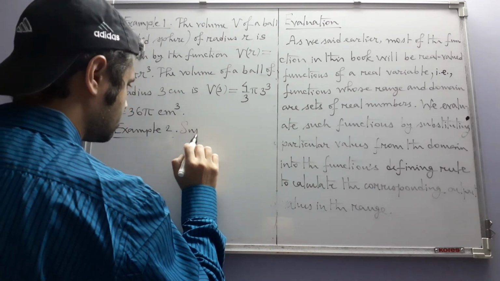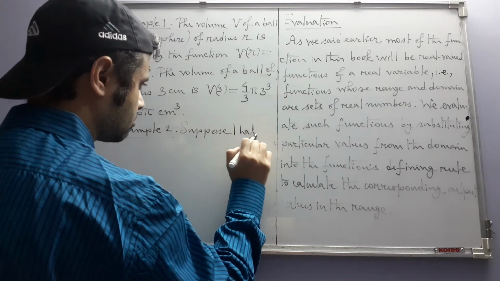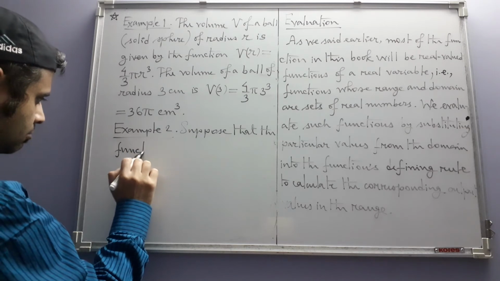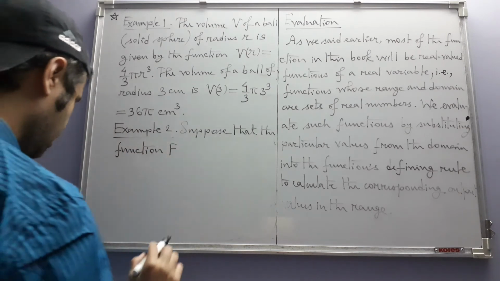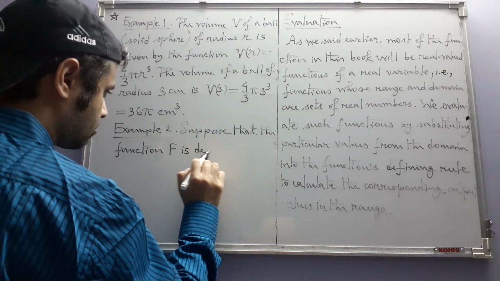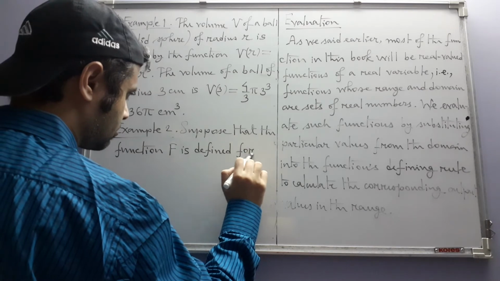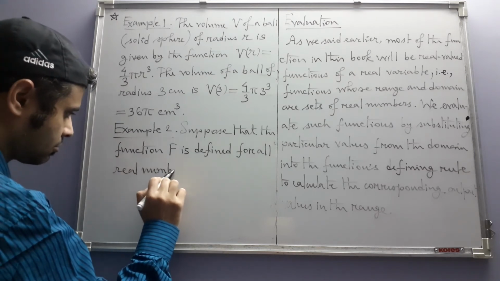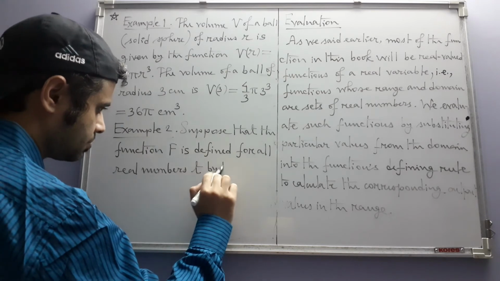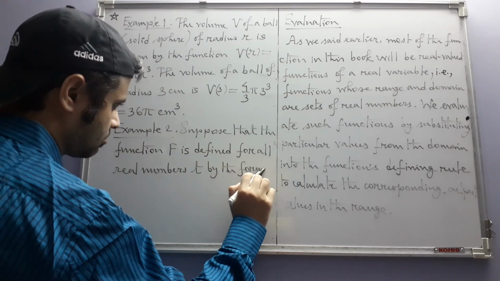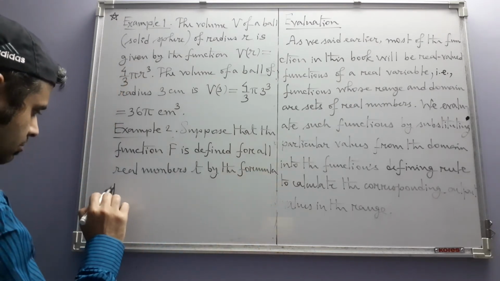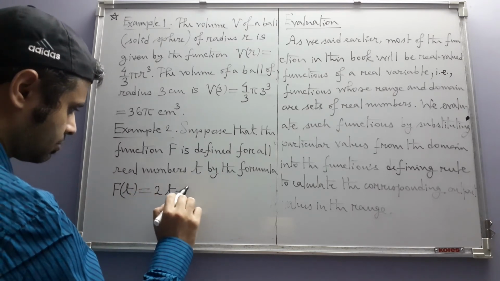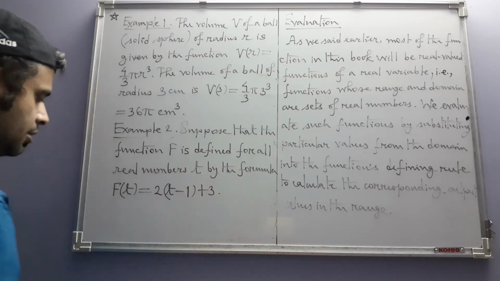Suppose that the function capital F is defined for all real numbers t by the formula F(t) equals 2 times (t minus 1) plus 3.